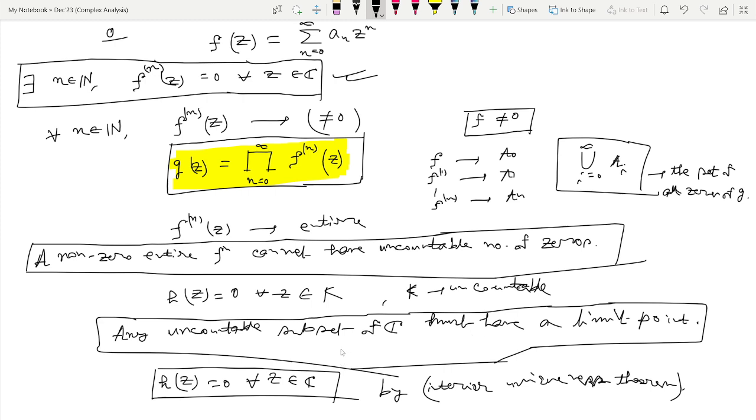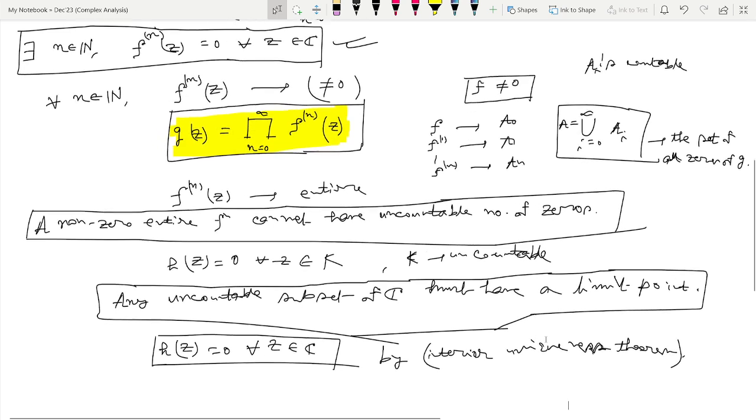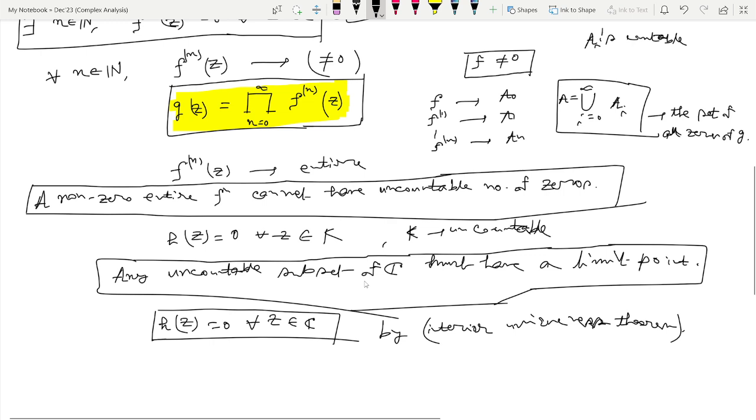We have just proved that an entire function cannot have uncountable number of zeros. So all such A_i are countable, and hence a countable union of countable sets is also countable. So this A is countable, and it is the set of zeros of g. Clearly this is precisely the set of all zeros of g, because if there is any other zero of g, then that zero must be in one such A_i.